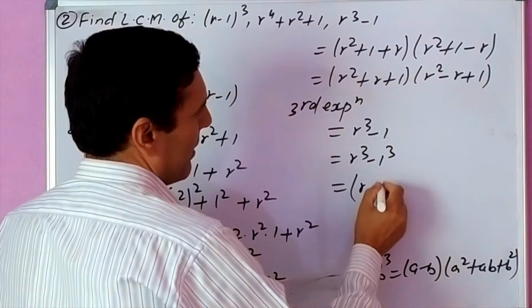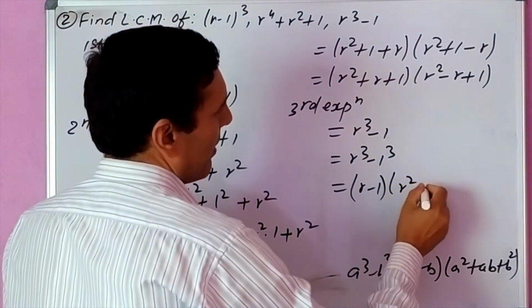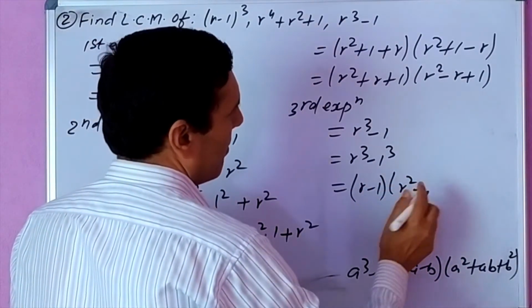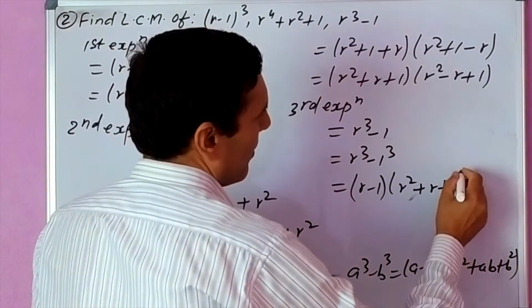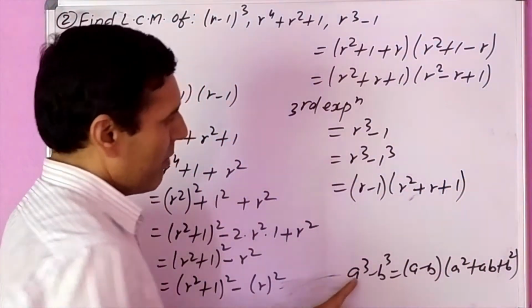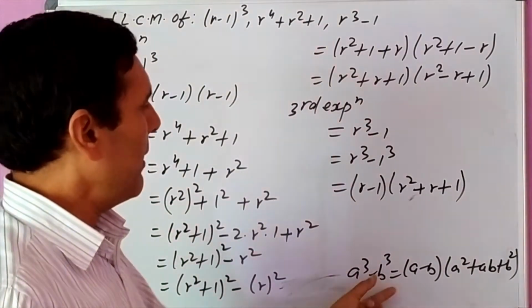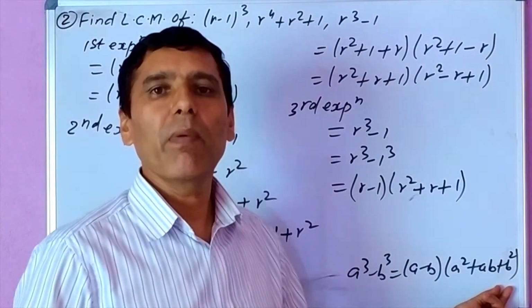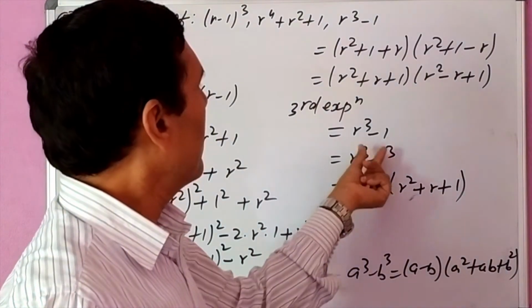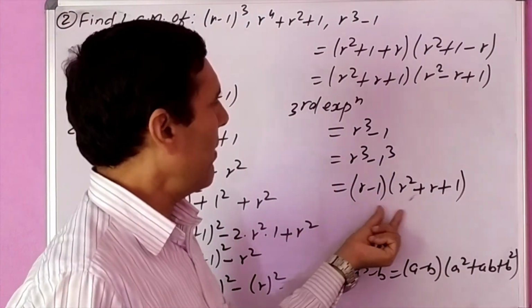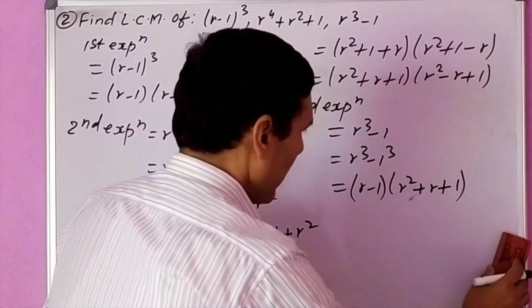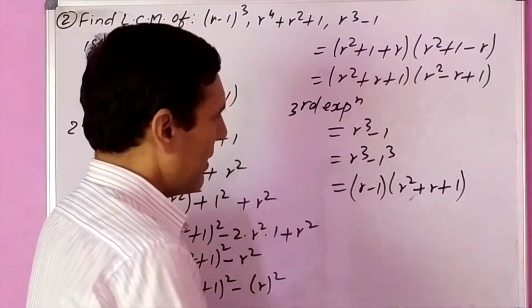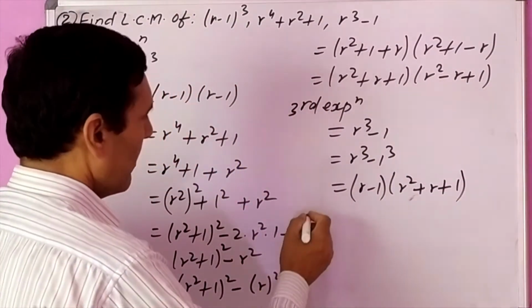So a minus b, a square plus ab, r into 1, it is r only, plus b square, 1 square, it is 1. So according to this formula, a cube minus b cube is equal to a minus b times a square plus ab plus b square. This r cube minus 1 gives r minus 1 times r square plus r plus 1. So in this way, the factorization of three expressions is completed.